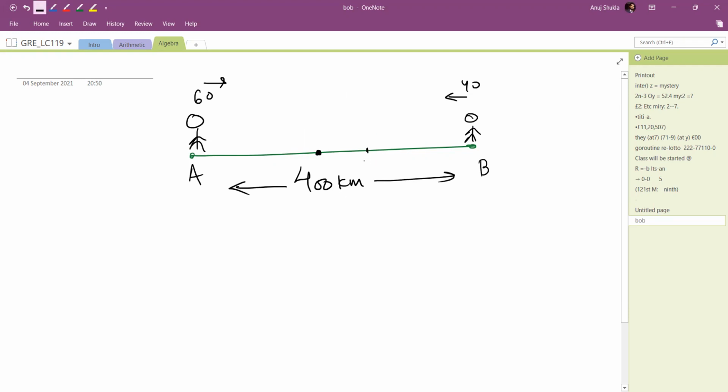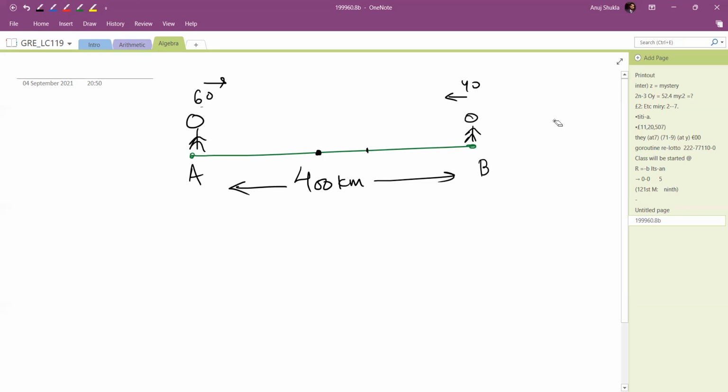So we'll solve it by the relative speed concept, because if we don't, then again I'll say they will meet at C, the time will be the same, and again there will be confusion about why time is the same.